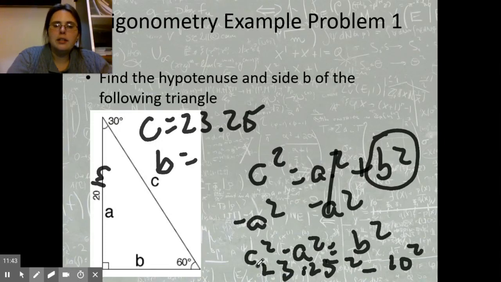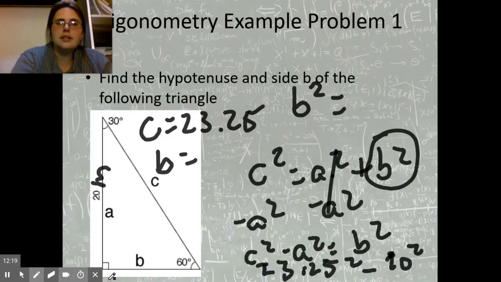And then we want to put that into our calculator to see what we get. So B squared is going to be 140.697.